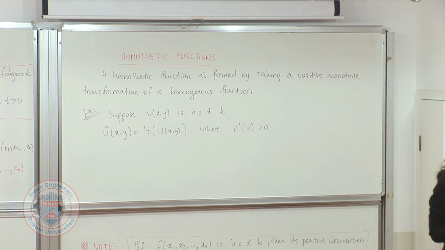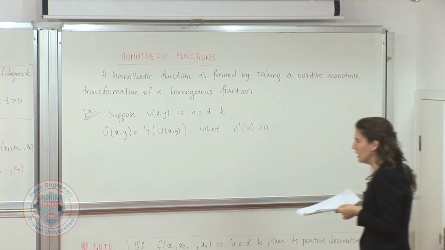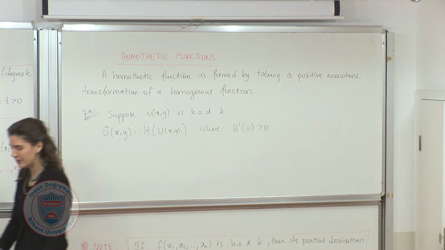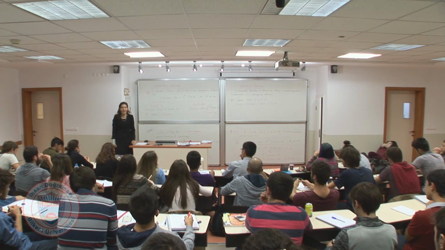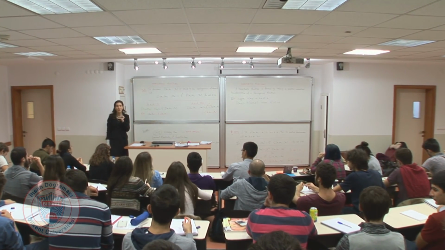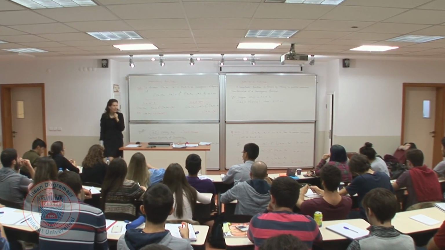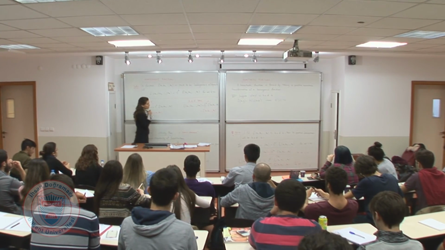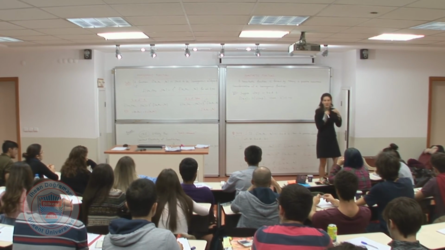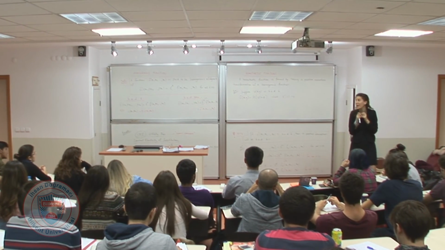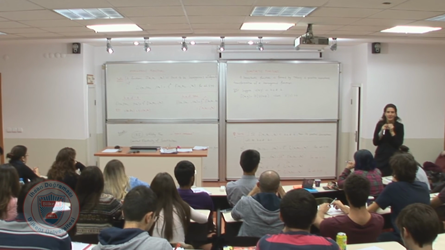Okay, fine. So let me ask you this. Do you think all homogeneous functions are homothetic? Think. I have a homogeneous function. I want to write that homogeneous function as a positive monotone transformation of some homogeneous function. What can I pick for h?